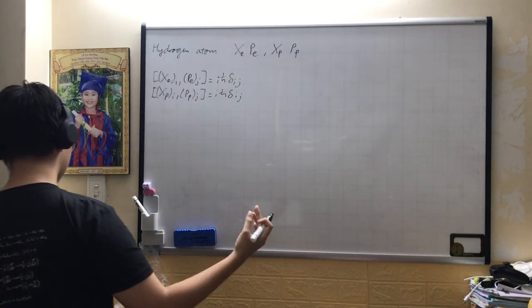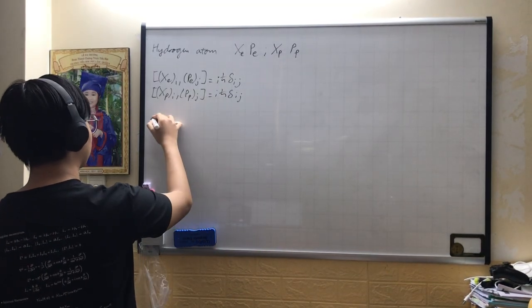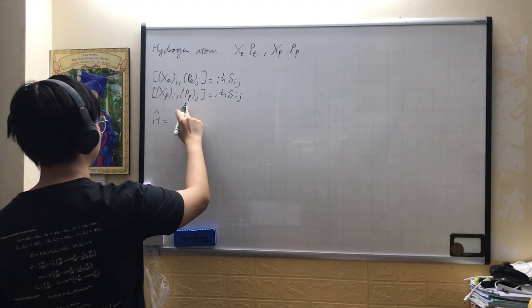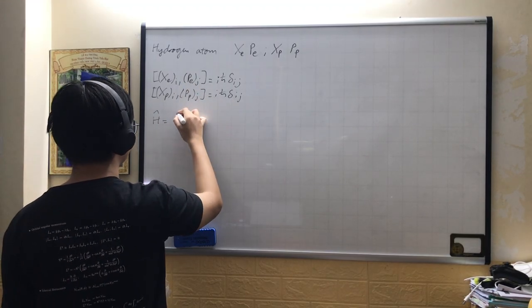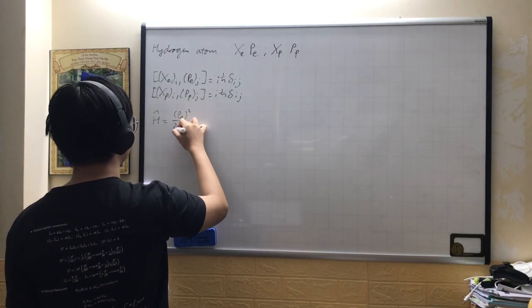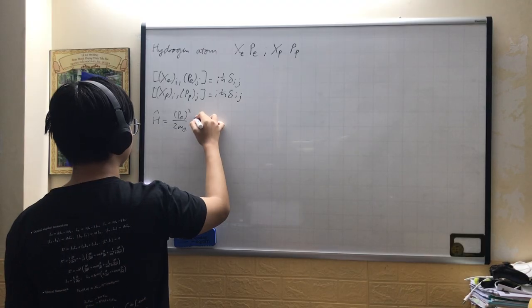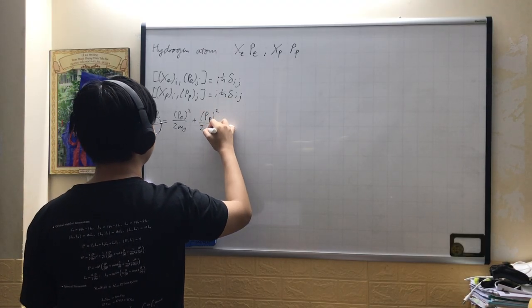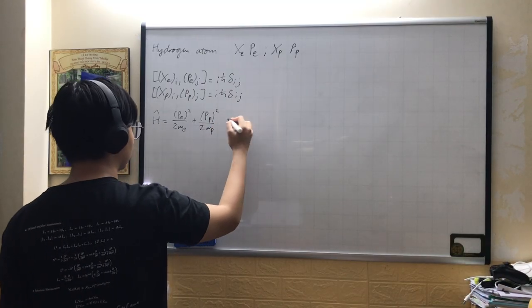Next we're gonna move on to our Hamiltonian. The Hamiltonian would have two kinetic terms, the electron term with the mass of the electron, plus the proton term with the mass of the proton.